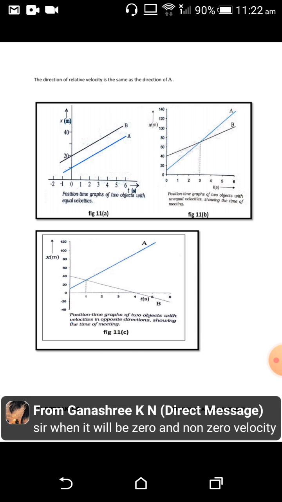Okay, so at some point both the objects meet, and that is denoted in figure B there. And the third one is a position time graph of two objects with velocities in opposite directions showing the time of meeting. Okay, so these are some of the graphs.